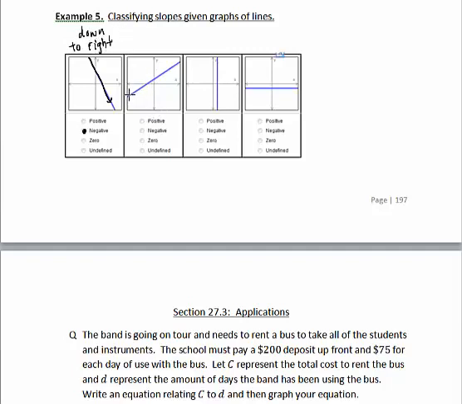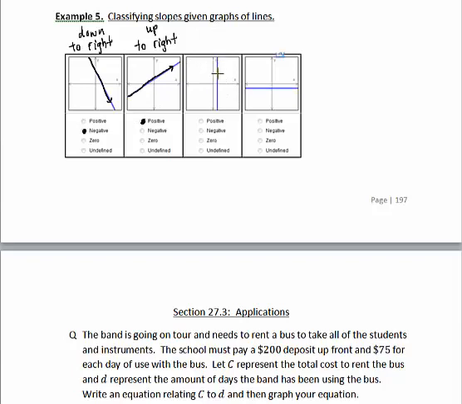Okay, this next slope, if we start on the left and we trace along the line, then we have to move our pencil up. And so this is up to the right. It's a positive slope.